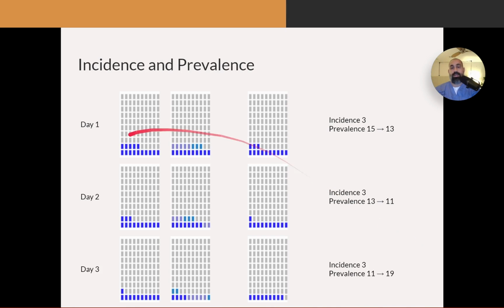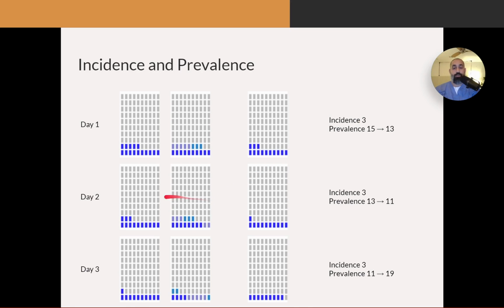So one way to see that is, let's say on day one you had 15 people with disease, and then 5 of them got better, but you had 3 new cases. So 5 people get better, 3 new cases, and you're now left with a total of 13 people with disease at the end of the day. So the prevalence has gone from 15 to 13, and the incidence is 3. That's the total number of new cases.